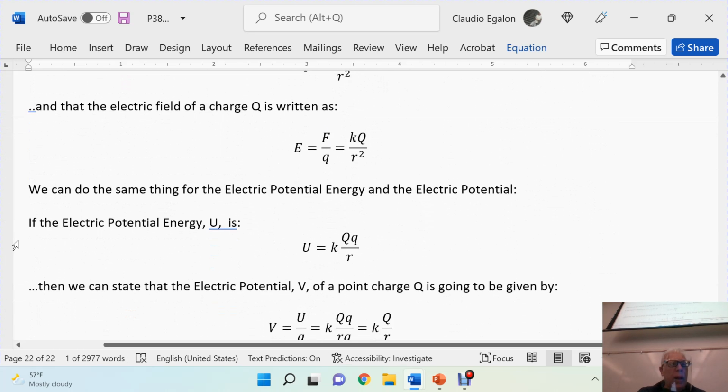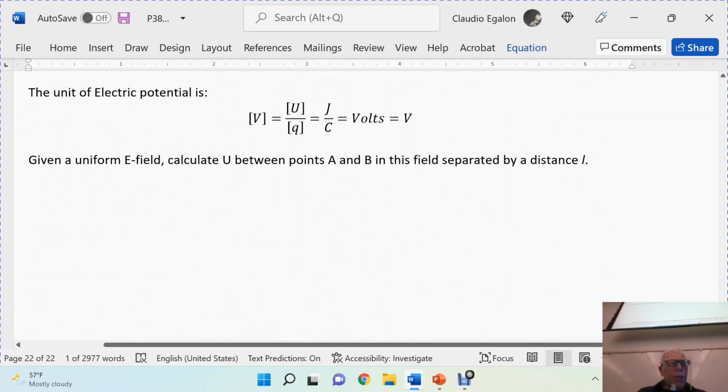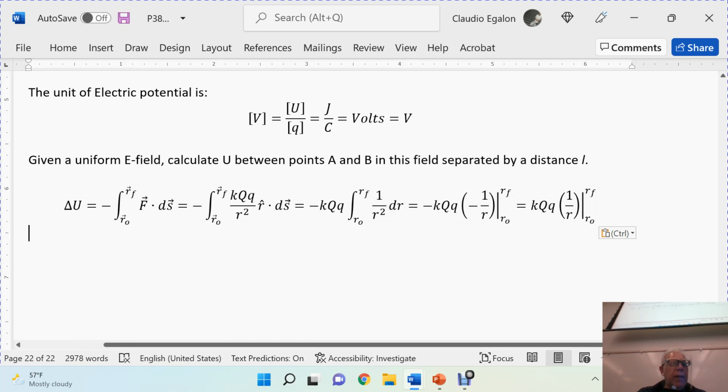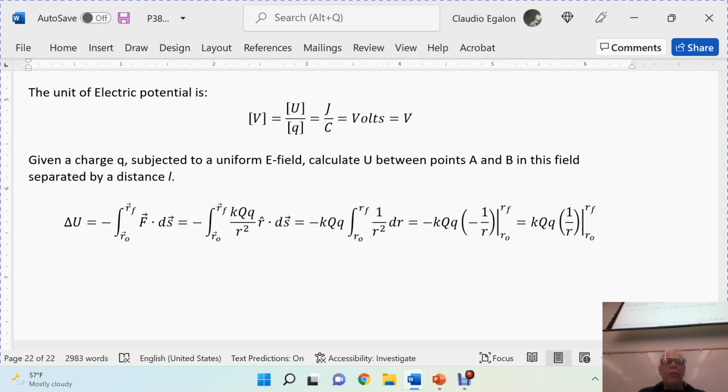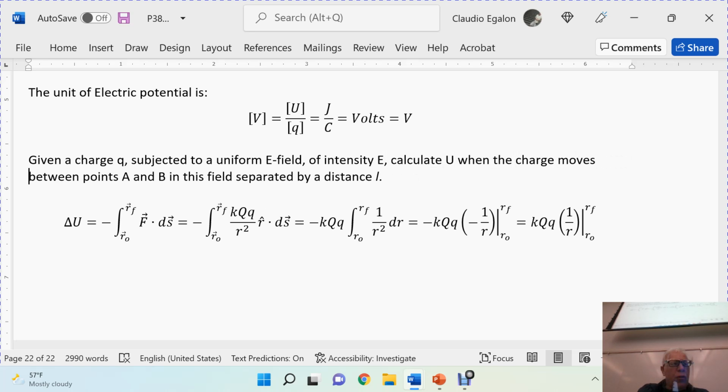And by the way, the best way to do it: given a charge Q subjected to a uniform electric field of intensity E, calculate U between points A and B, calculate U when the charge moves up the field.